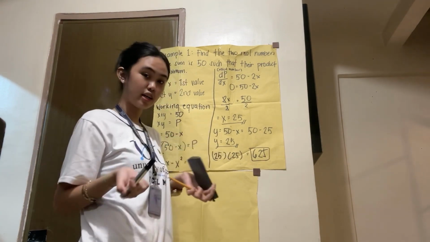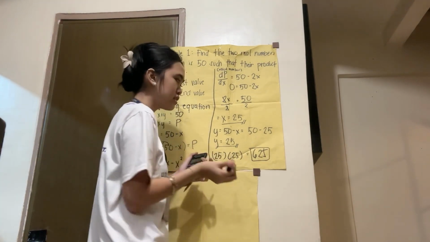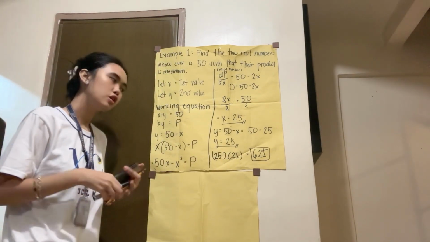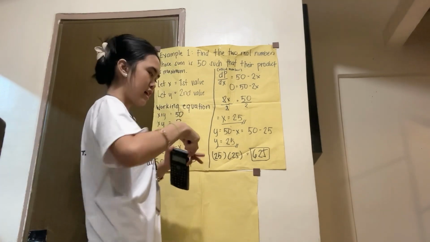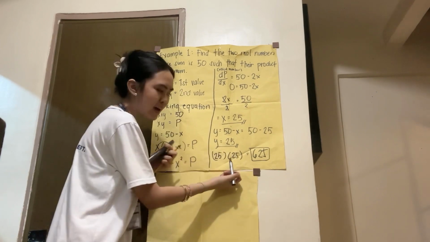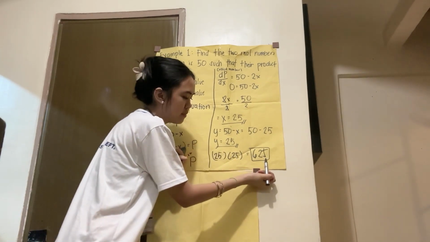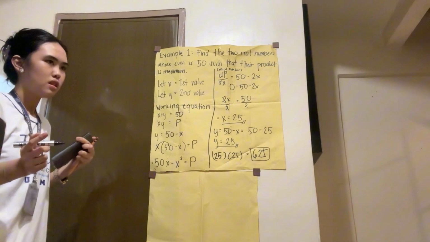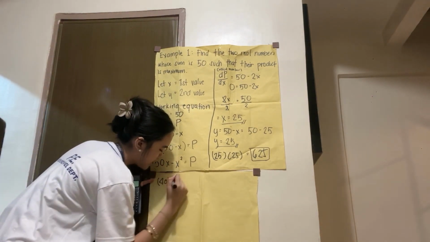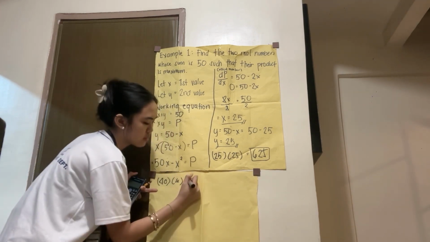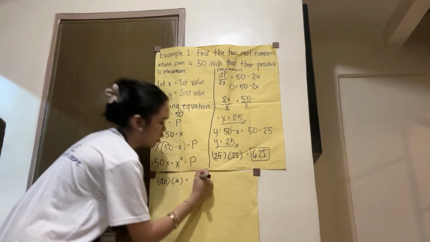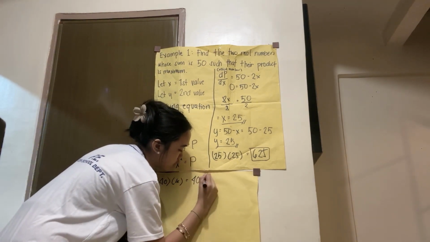So is this the answer? Is this the possible answer that gives the maximum product? Yes. Because if we check, 25 times 25 is 625. Just for example, if you try 40 times 10, it equals 400.